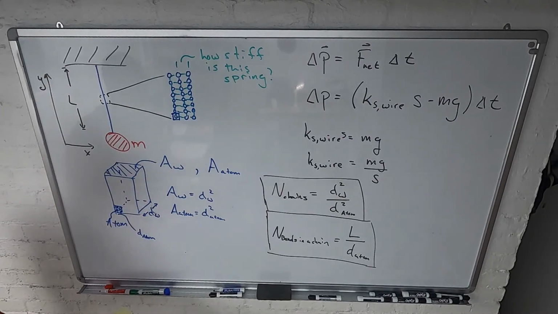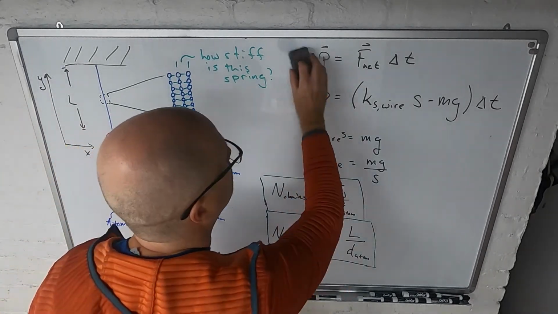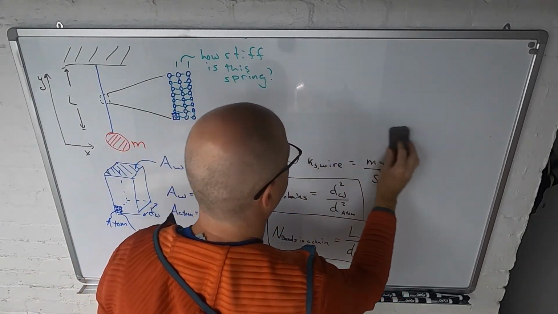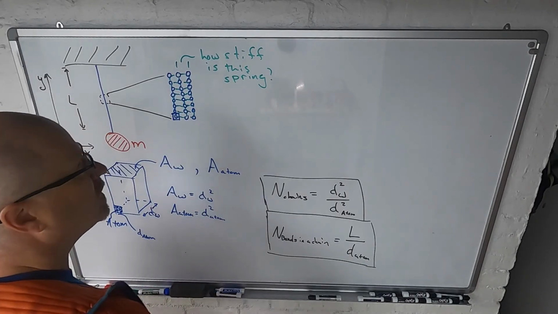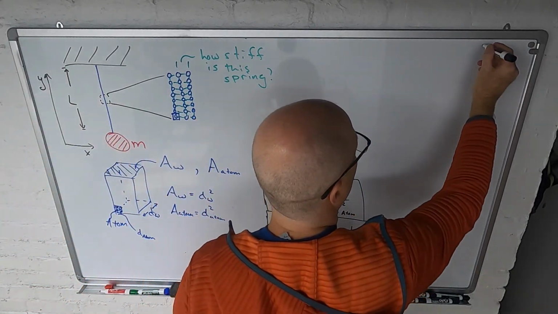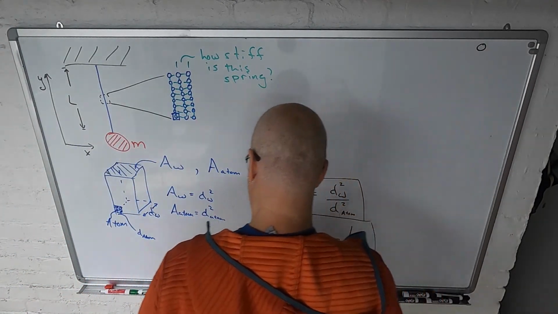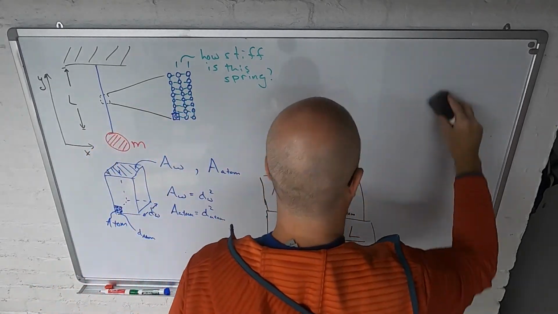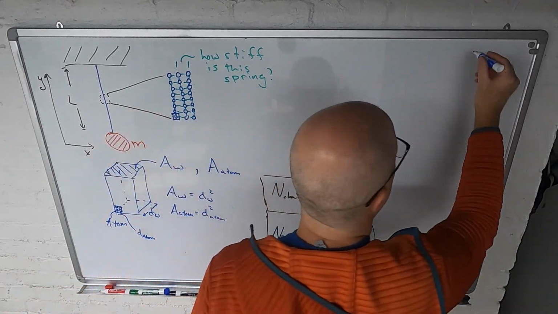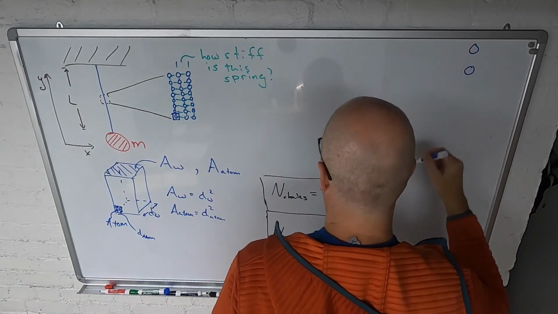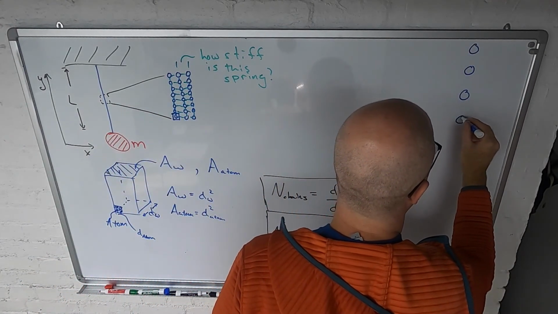Okay, so those are two things to keep track of. So what if I want to know, for example, if I have a group of springs, now I'm just going to take my springs between my atoms. I'm going to zoom in a little bit more here.